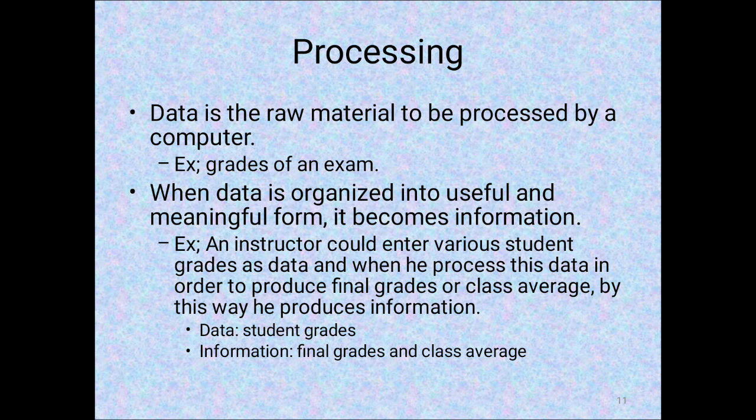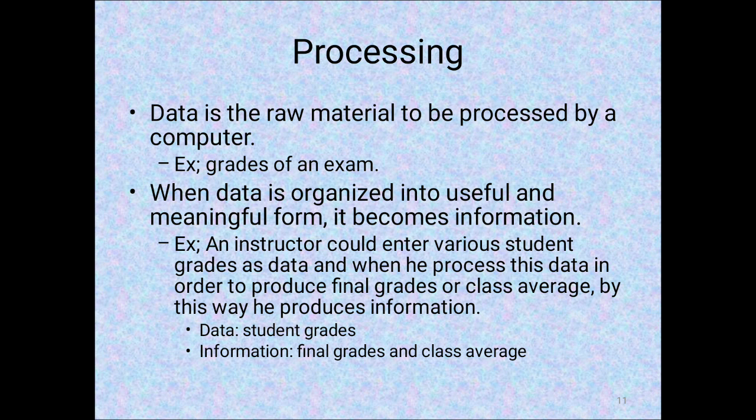Data is the raw material, as I have said, which goes for processing. For example, grades of an exam. When data is organized into a useful and meaningful form, it becomes information.